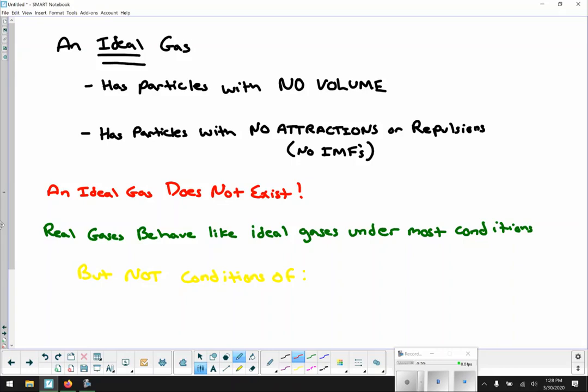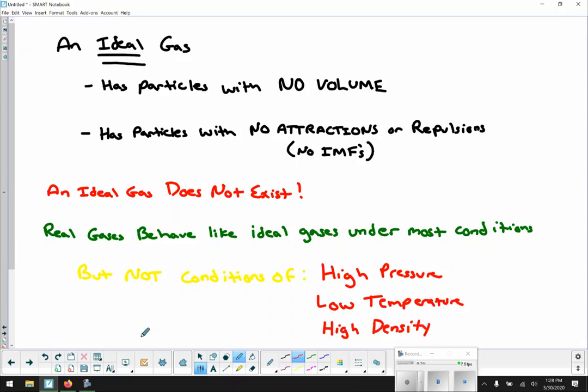However, there are conditions where the volume and attractions and repulsions, intermolecular forces, start to matter. So the ideal gas law does not predict what gases will do under conditions of high pressure, low temperature, and really anything that has high density, which both high pressure and low temperature can cause.